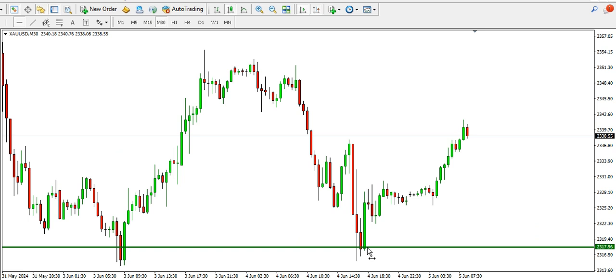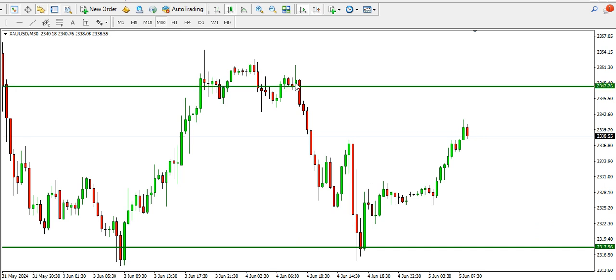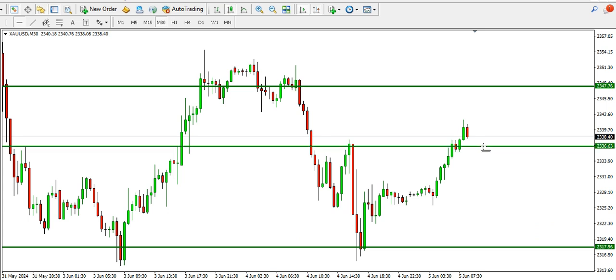This resistance is broken, so the next possible area is the 2347, where we have the order block. As price progresses on the 30 minutes time frame, we have some other blocks lined up that might serve as support to price. Buyers are lined up here.